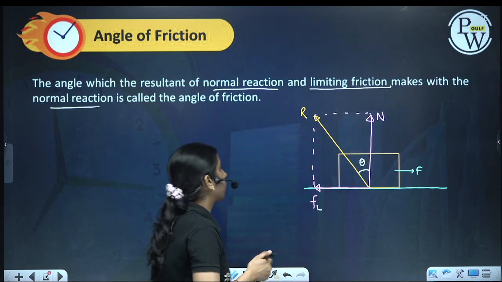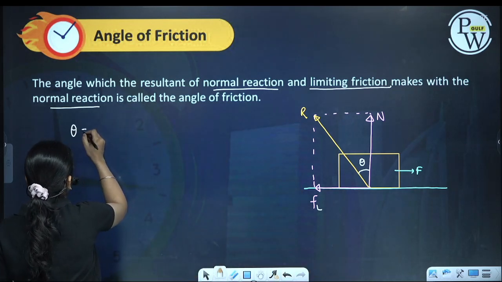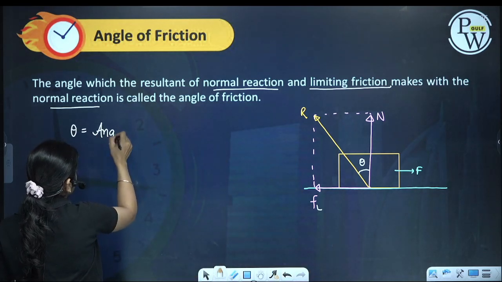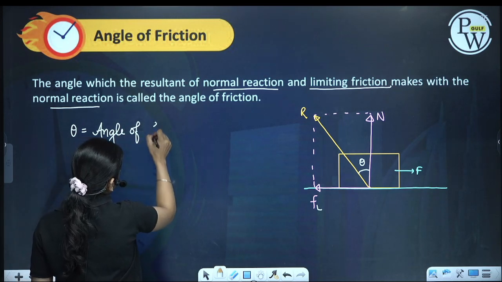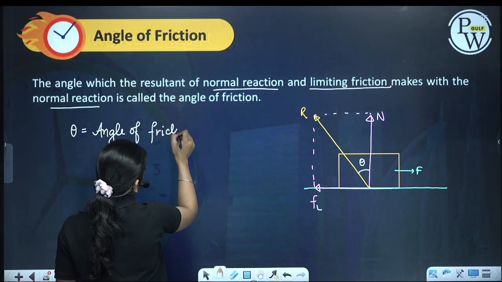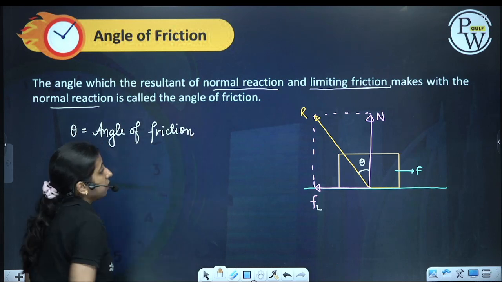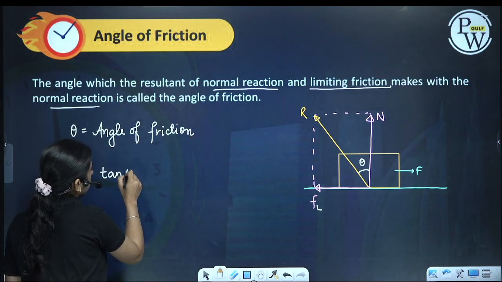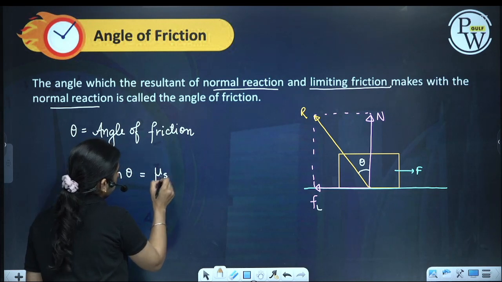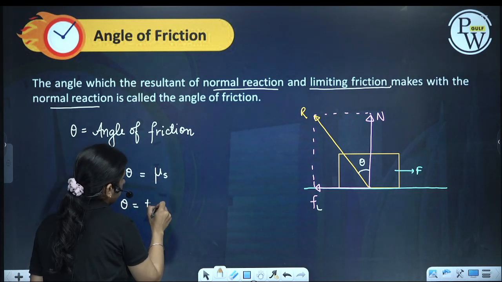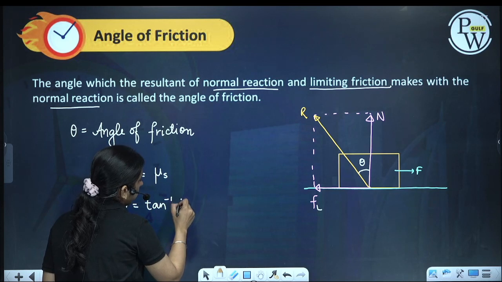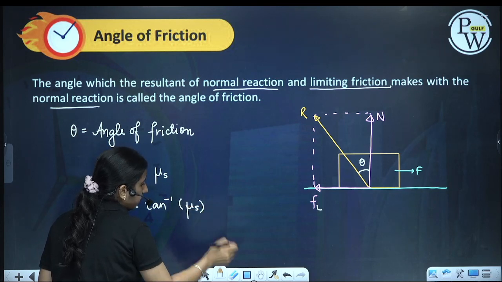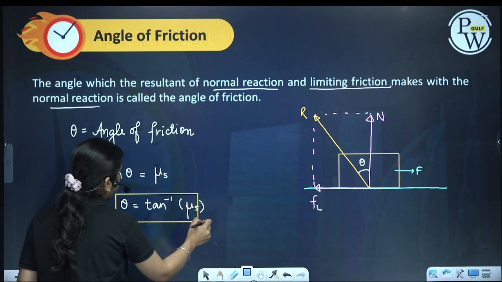This theta is called the angle of friction. Now what is the value of this? Tan theta is equal to mu s, or theta is equal to tan inverse mu s.